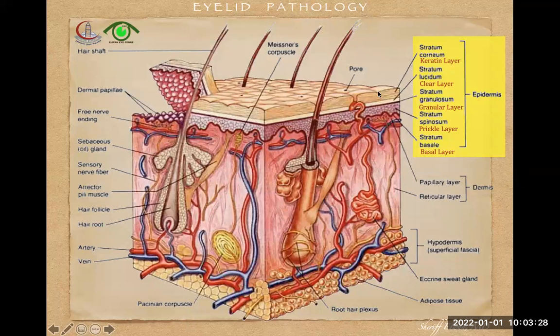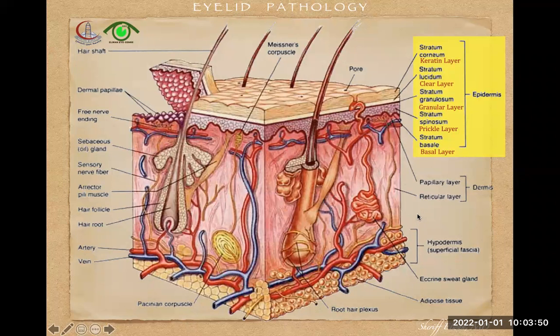Keratin is the one on the outside, and the lucid layer is the clear layer, followed by the granular layer. It's a cellular layer, and then the spinosum or prickle cell layer, and finally the basal layer, or the basement membrane of all this epithelium.